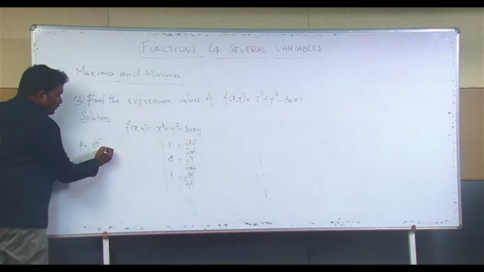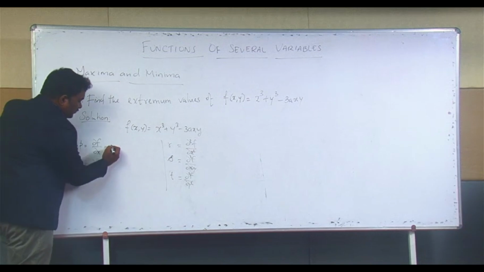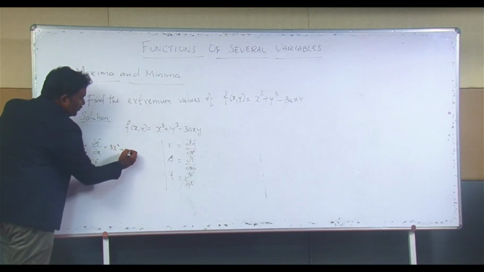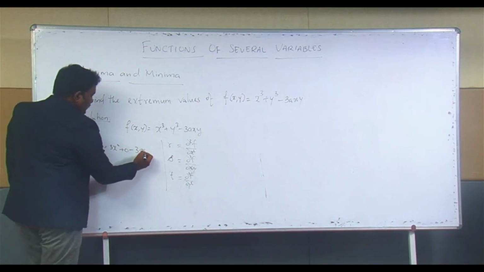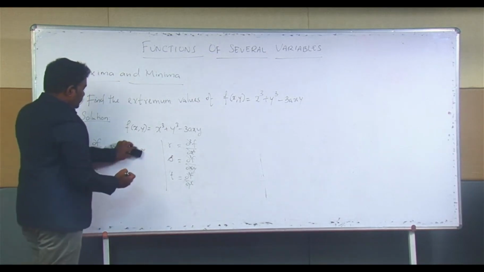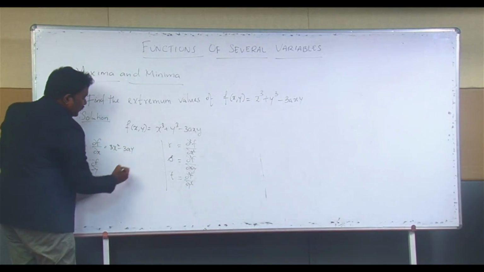So if you differentiate this partially with respect to x first, it becomes 3x square plus 0 minus 3ay. So we can write it as 3x square minus 3ay.